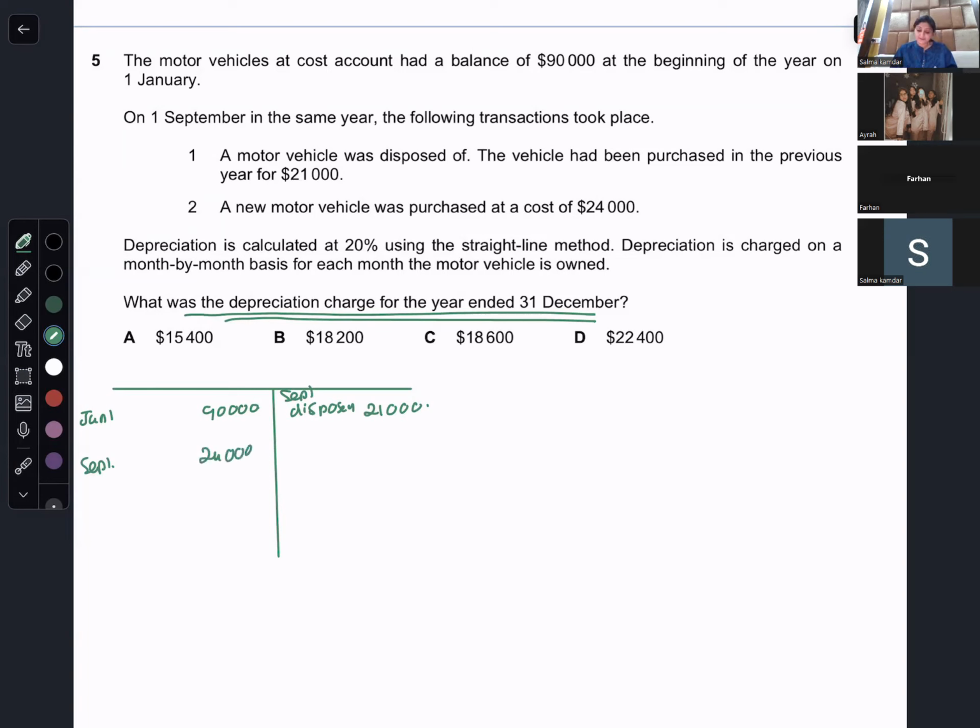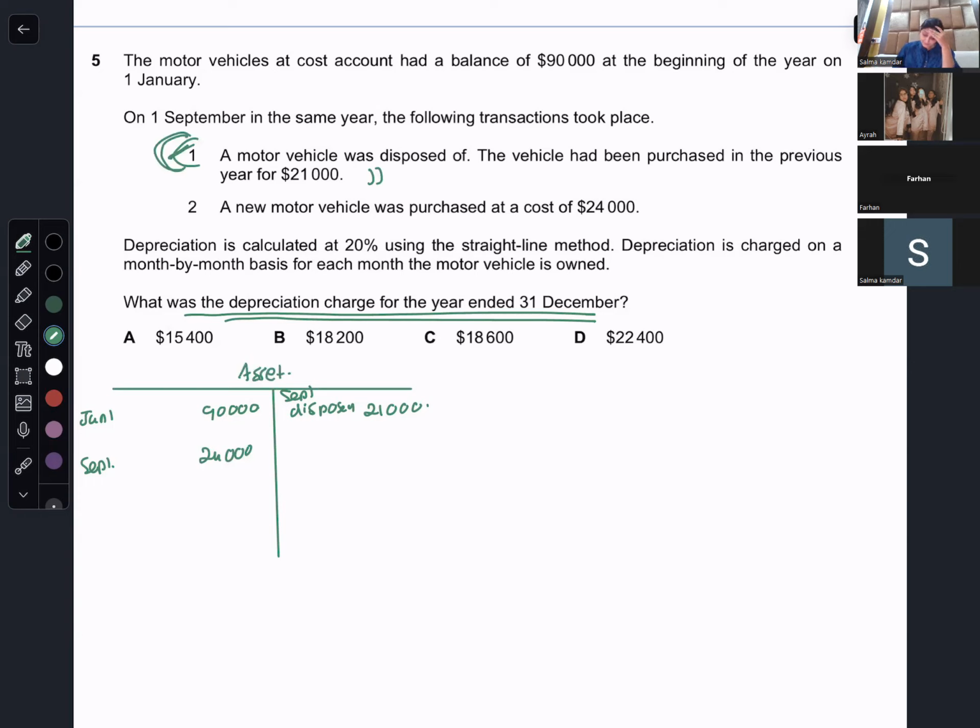Hang on. Just give the implications of what you're reading. You're just reading. So we have to find the depreciation. First, tell me this: 21,000 had been purchased in the previous year and it is being disposed. In the asset account, what will you do?